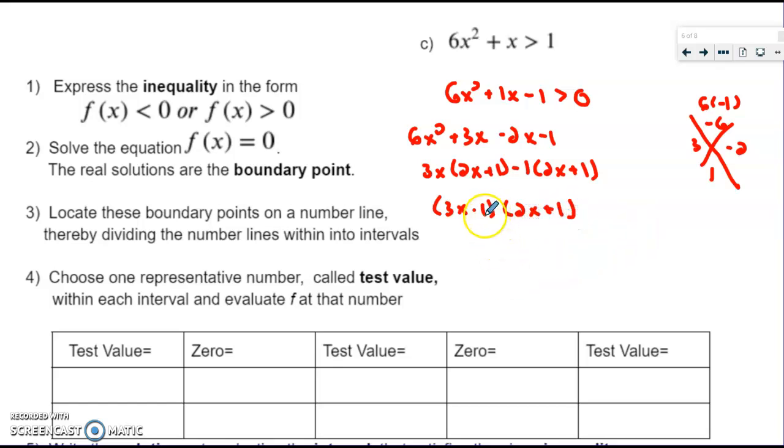Okay, so in that case, I know that x equals 1/3, and then I know that x equals negative 1/2. So on my number line, I am going to choose negative 1/2, that's one of the zeros, and then I'm going to choose 1/3.